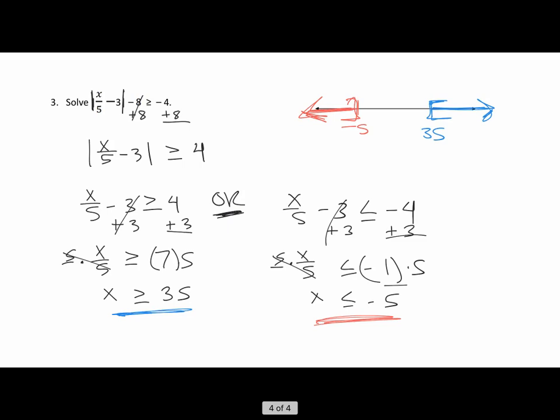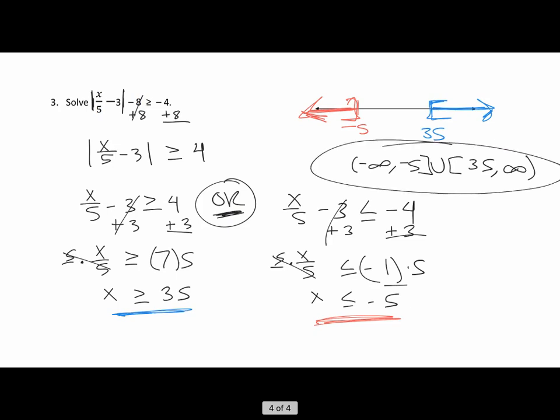So the union of these two sets, I want everything in red, so -infinity to -5, and I want everything in blue. If there's no overlap, then I'm not worried about repeating myself. So that would be the interval for the solution space of this original inequality.